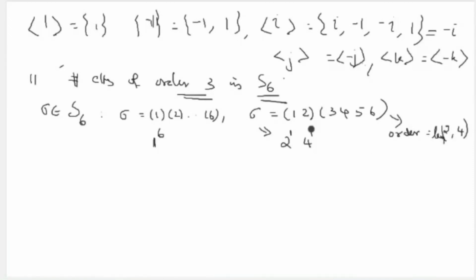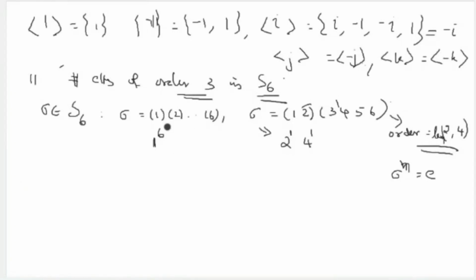Sigma raised to n will be identity if n is a common multiple of both orders of these two cycles, and the least such common multiple gives the order of that element. Okay, LCM of 2 and 4.